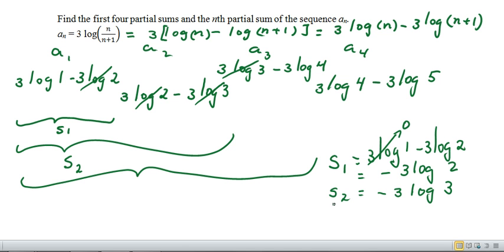And so we'll have S sub 3 is minus 3 log 4. Similarly, our S sub 4 will be minus 3 log 5.